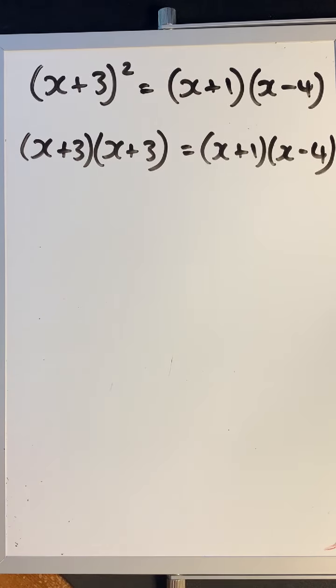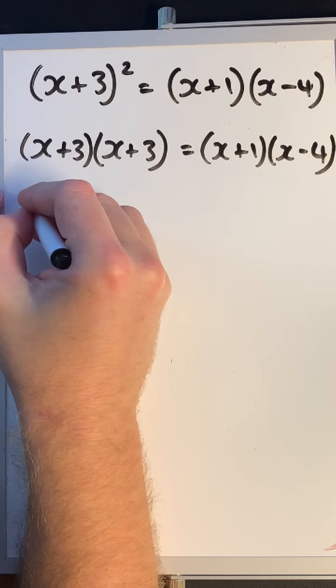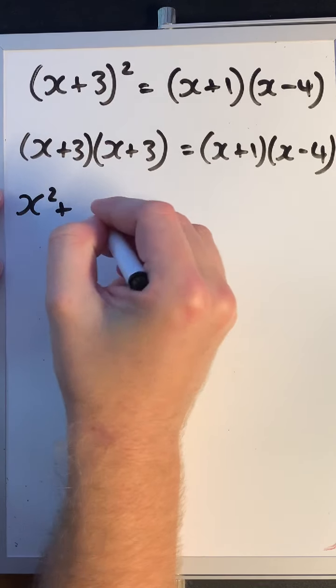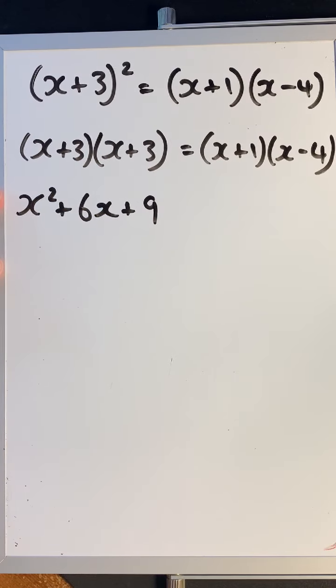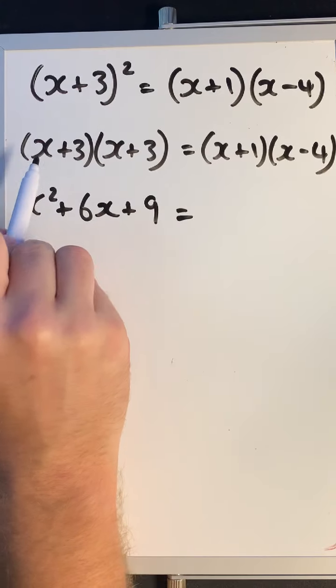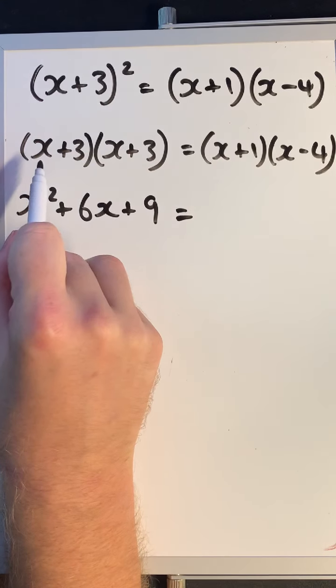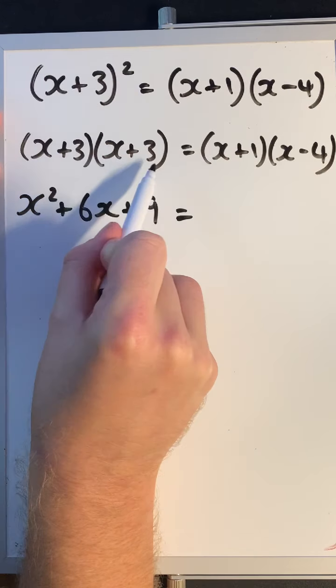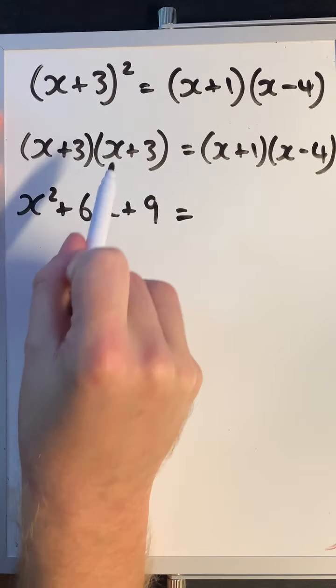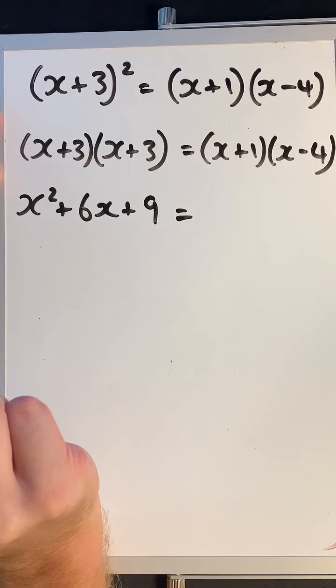Okay, so a bit like the ones we did earlier then, multiply these out on both sides. So we get x squared plus 6x plus 9. Okay, so I've kind of gone straight for it there, okay? X squared, of course, if we did this the wrong way, it would be x squared plus 3x plus 3x plus 9. Group the 3 x's together and you would get this 6x.